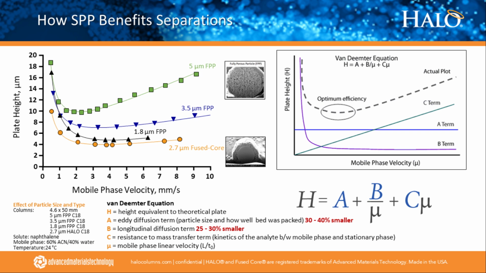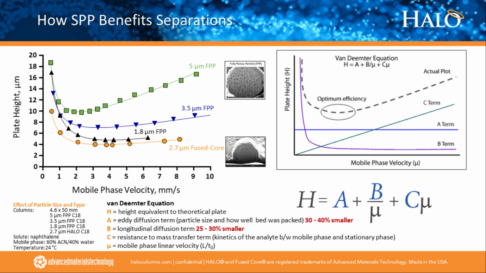In terms of the Van Deemter equation here on the bottom right-hand side, you have H, which is the height equivalent to a theoretical plate, and you have these three A, B, and C terms. It's really the combination of all those three terms being lower or smaller for SPPs that gives them a high efficiency.